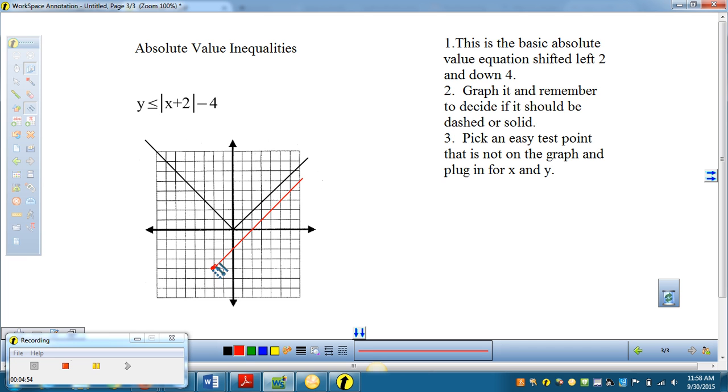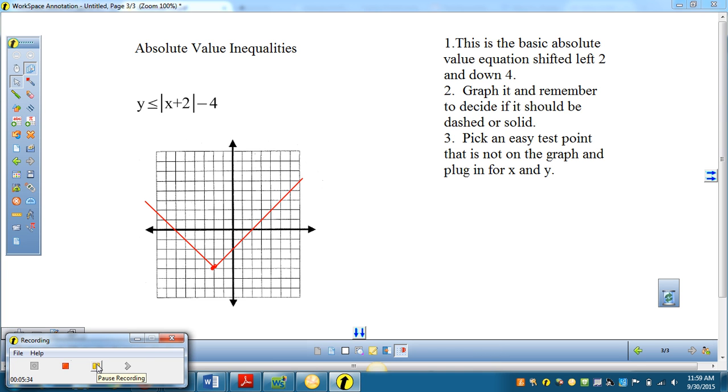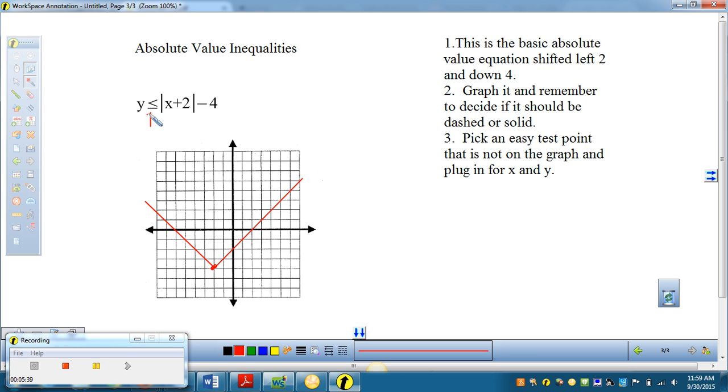There's my right side, and there's my left side. So that's the equation we're looking at, the absolute value of x plus 2 minus 4. Now I'll erase the previous absolute value graph, so we just have the one that we're looking at. There's our absolute value, and it is solid because it has a less than or equal sign. So it is not dashed, it is solid.